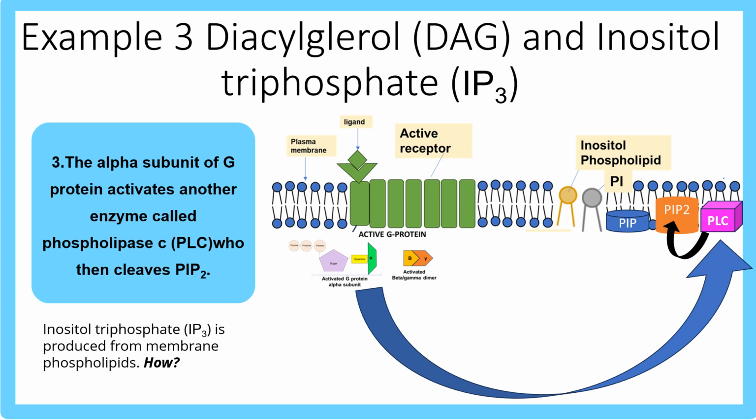Now the alpha subunit of the G protein activates another enzyme called phospholipase C, so PLC. And the PLC is what then cleaves PIP2. So you can see one activates the other, and it's very sequential.